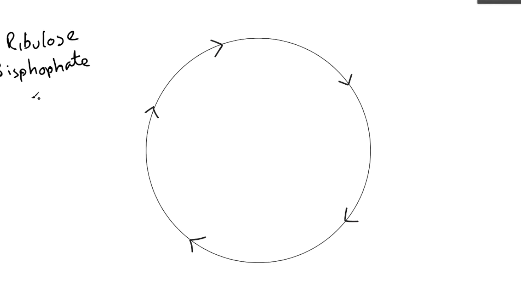That's abbreviated to capital R, lowercase u, capital B and P. This molecule has 5 carbons. I'll write 5C here, but I'm going to draw 5 little squares to visualize it as 5 carbons. This is already in the cycle, and you'll see where it comes from.